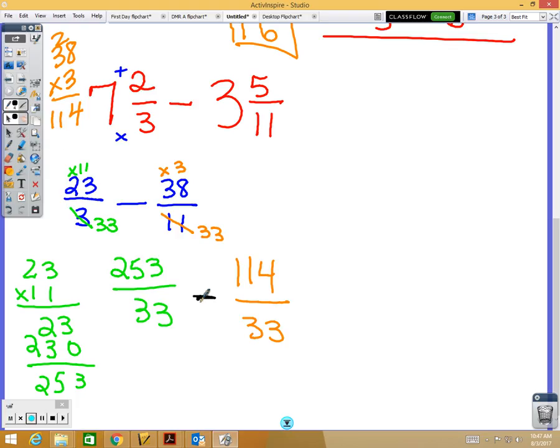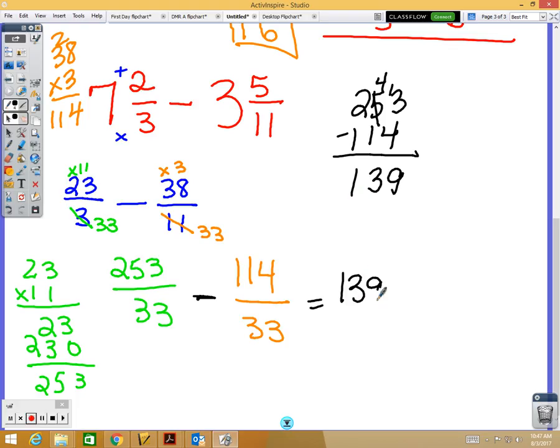I don't want to forget that part. Okay, so now I need to subtract 253 minus 114. That would give me 139 over 33.